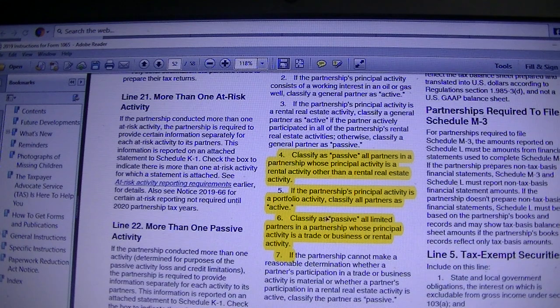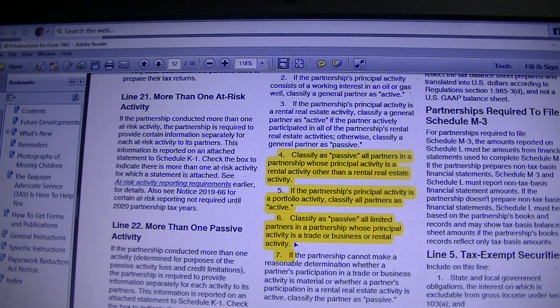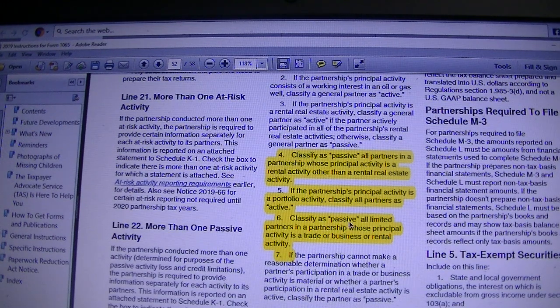But I think the limited partner for the trade or business or rental activity, even for the real estate rental activity, is going to be passive, because if you want your rental activity to be classified as active, it will fall under the same category as the trade or business.